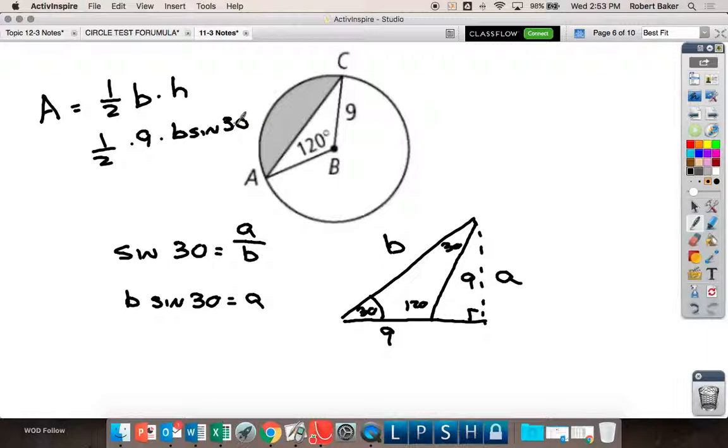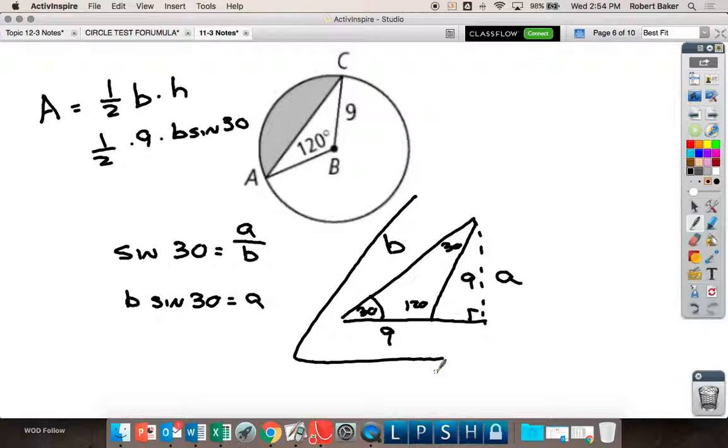Okay, but look at what is B? B is this side right here. So what I've just discovered is that I can use trig, and it's 1/2 the left side times the right side times sine of the angle between them.